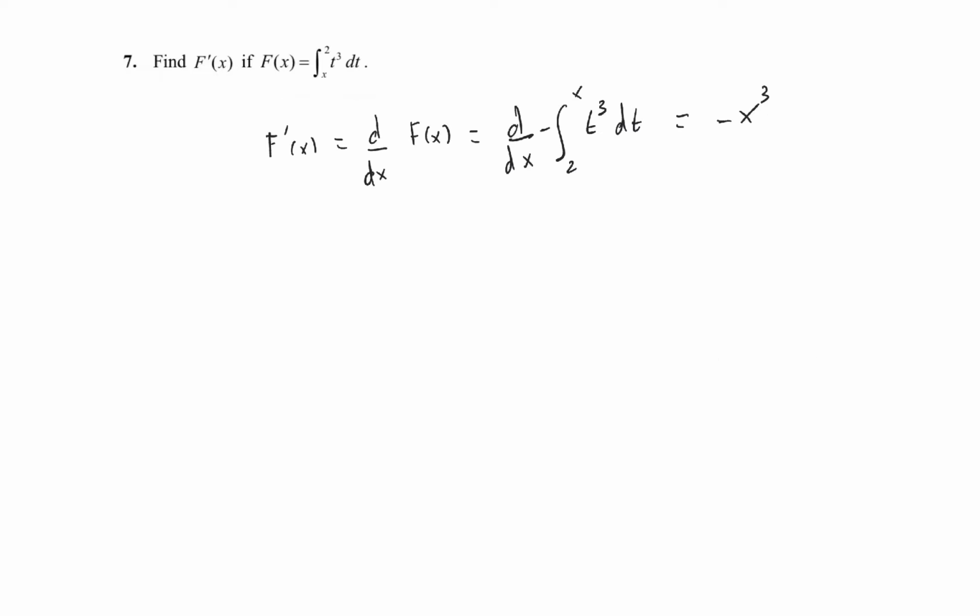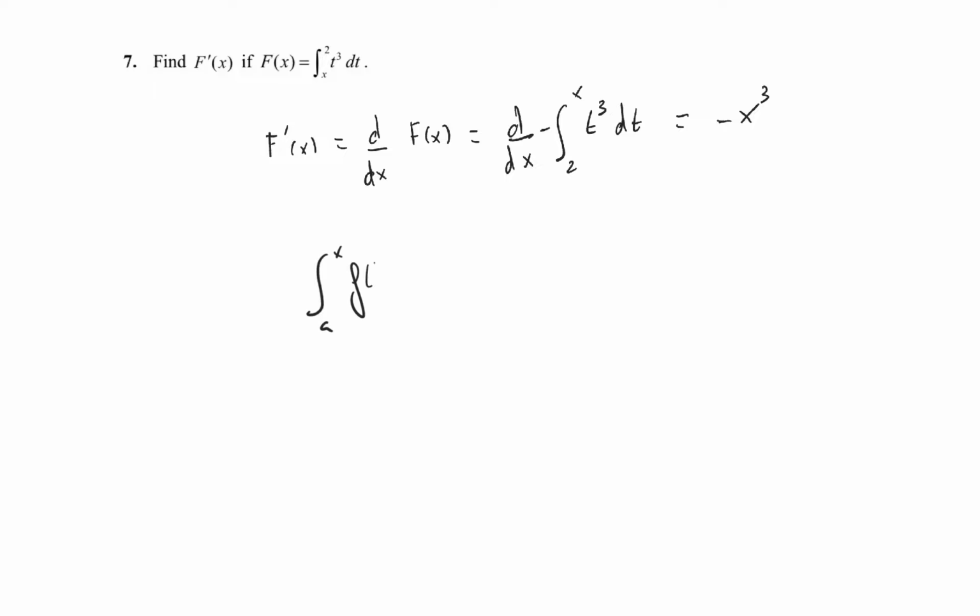Now we use the same technique to calculate f prime of x if f of x is the integral from x to 2 of t cubed dt. This is not how we have the second fundamental theorem, which is written from a to x.